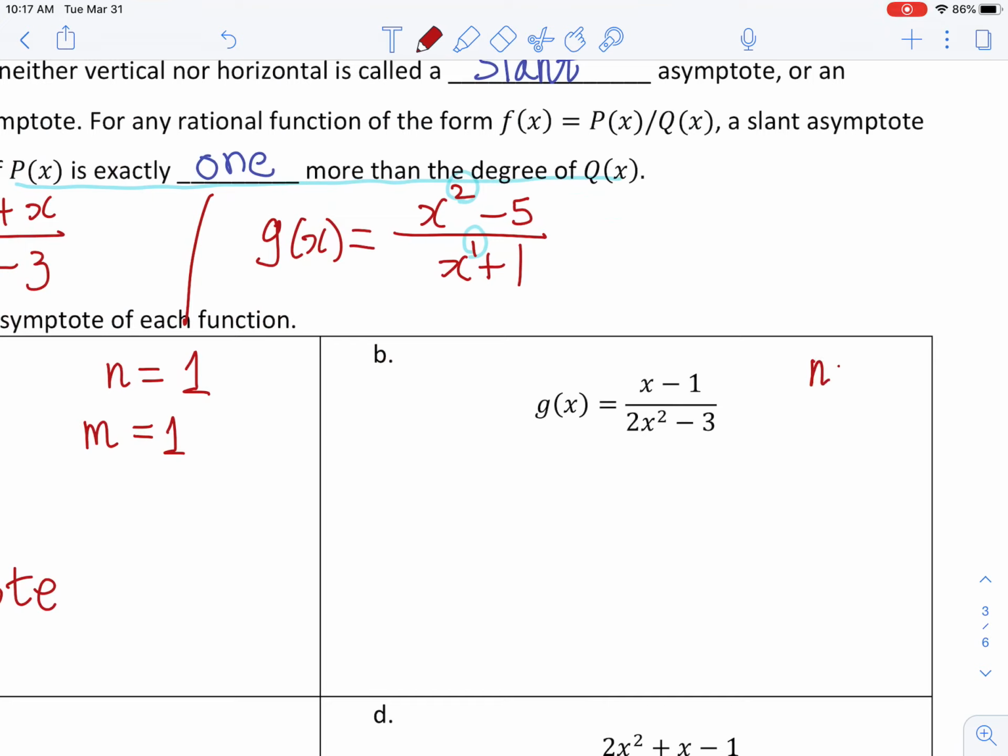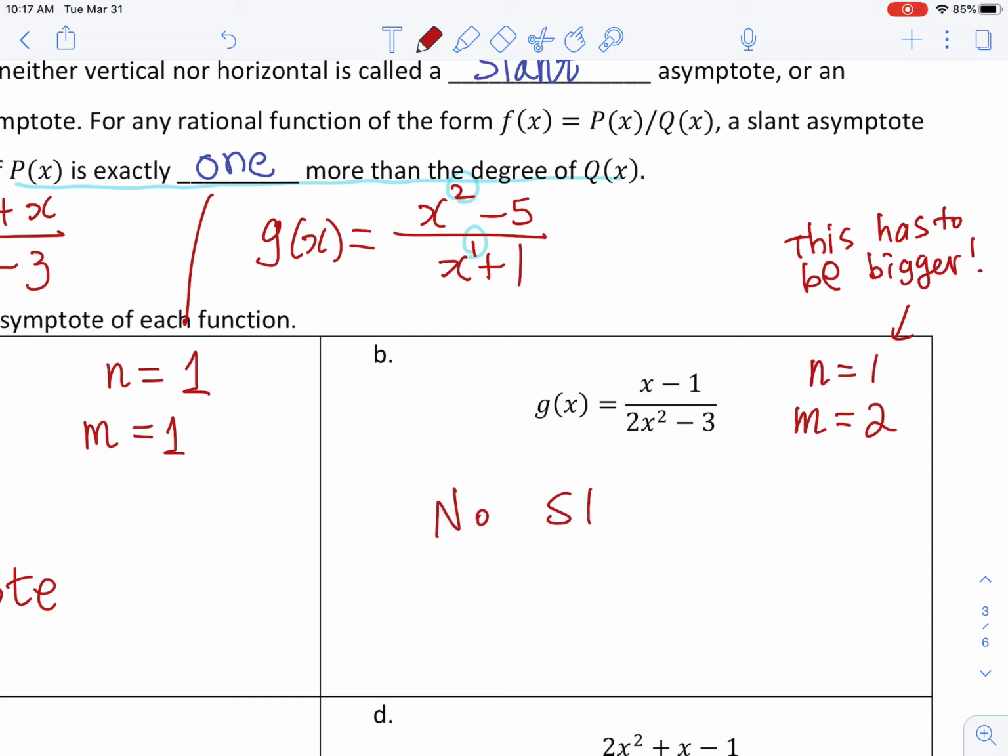All right, let's look at the next one, B. The degree of the numerator is 1, and the degree of the denominator is 2. Now, some people may think they have it because 2 is exactly 1 bigger than 1. But remember, the top has to be bigger. Now, 1 is smaller than 2.